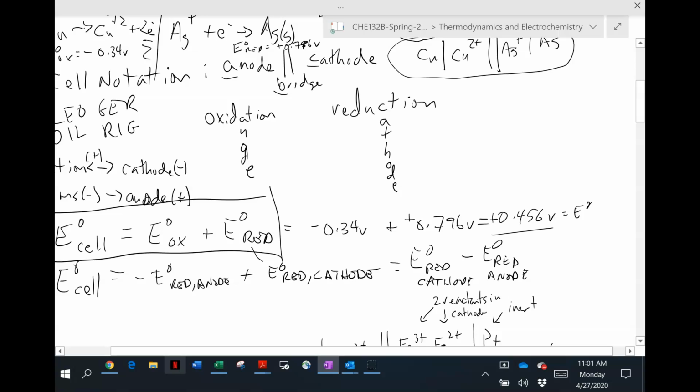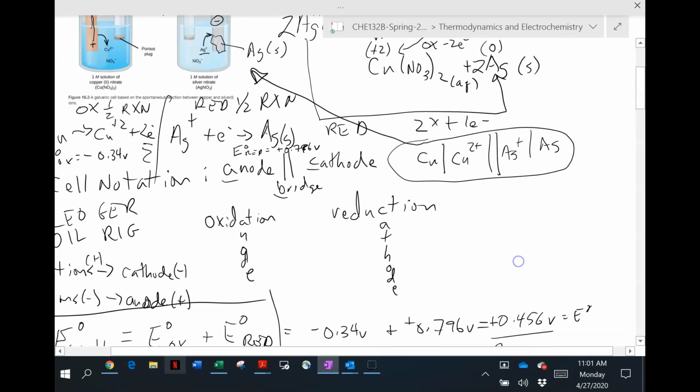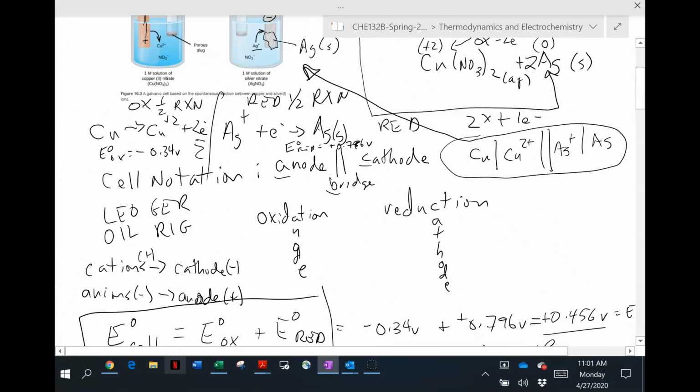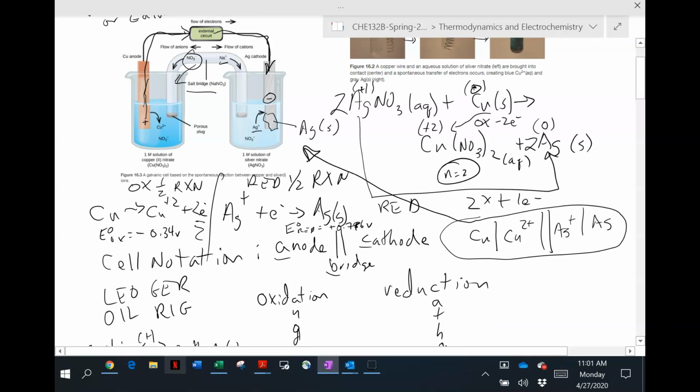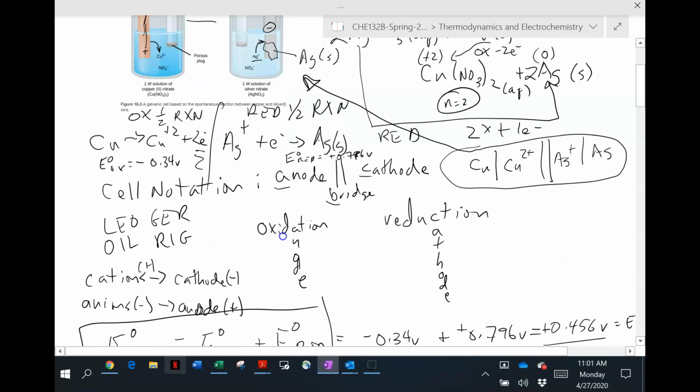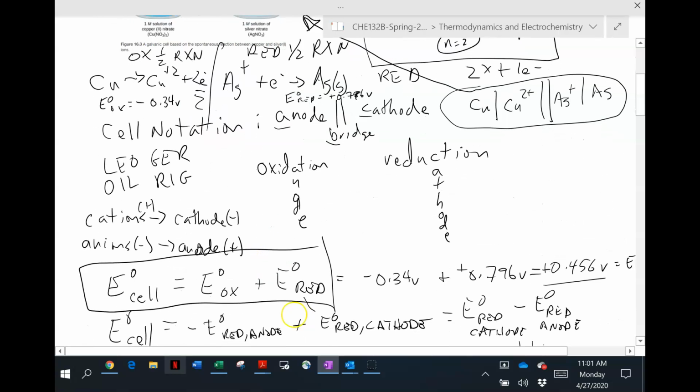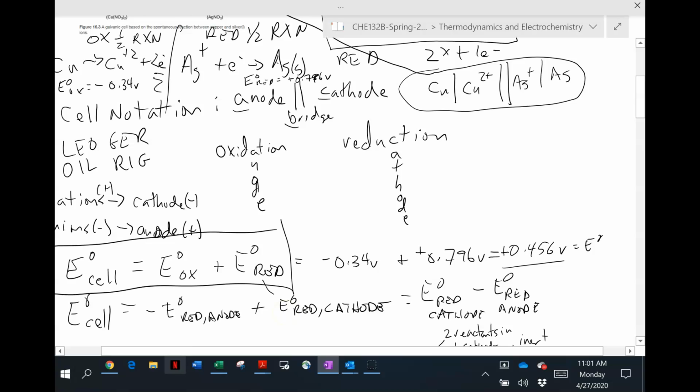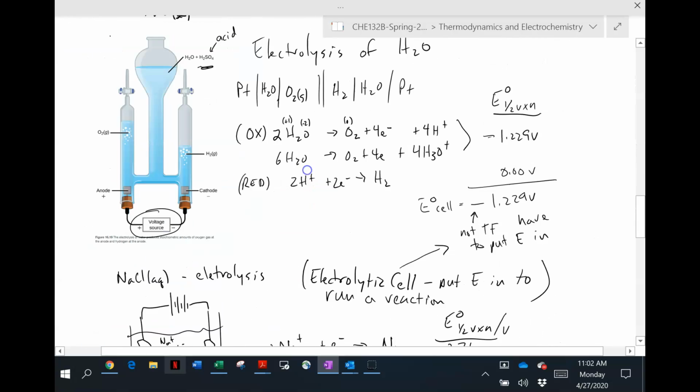And our number of electrons is going to be 2, right? N equals 2. Because there's 2 electrons being transferred in the copper reaction, only 1 electron in the silver reaction, but we'll run it twice. So 2, N is 2, and the potential is 0.456. So let's go down here and use that one.